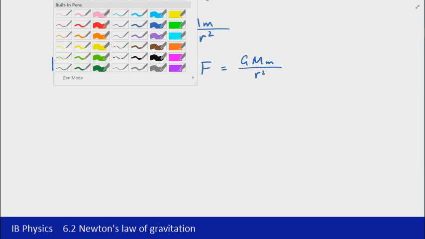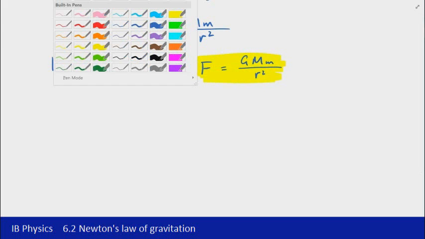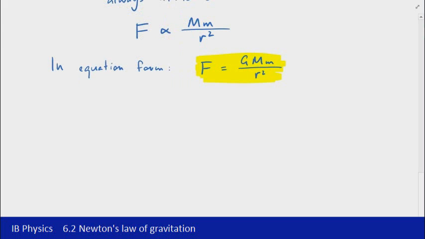Now that's an important one, it is in the data booklet. Just be aware here too that capital G has a particular meaning. It's not the same as any other g. The value of G that we're using here is known as the universal gravitational constant. By saying it's universal, what we mean is that it doesn't matter where you are in the universe, that value is going to apply.